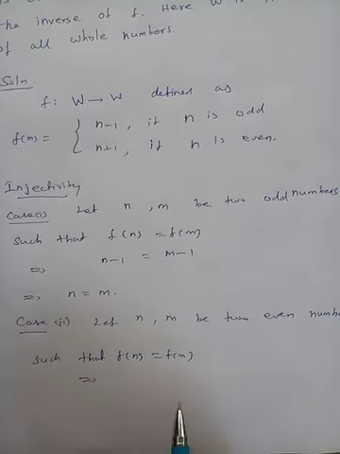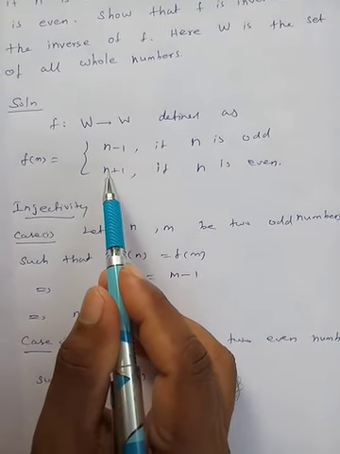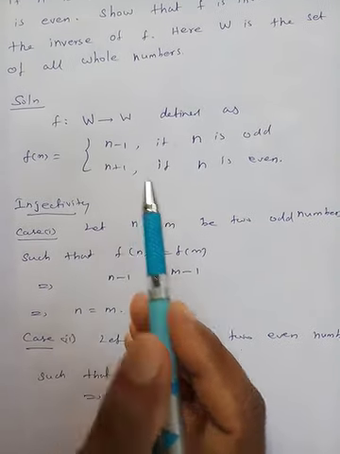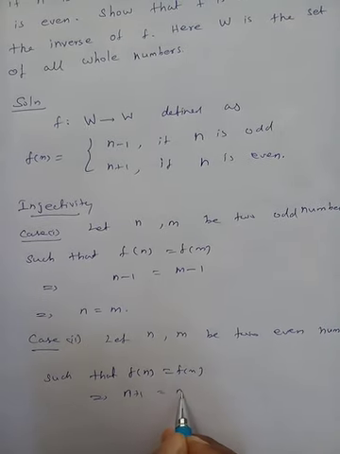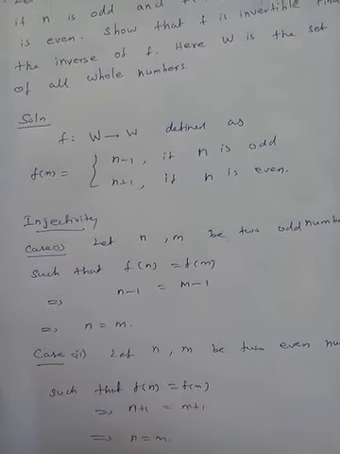Here n and m are even numbers. Therefore, the function f of n is equal to n plus 1 and the function f of m is equal to m plus 1. So, n plus 1 equal to m plus 1, which implies n is equal to m.